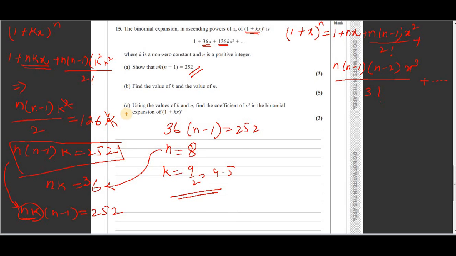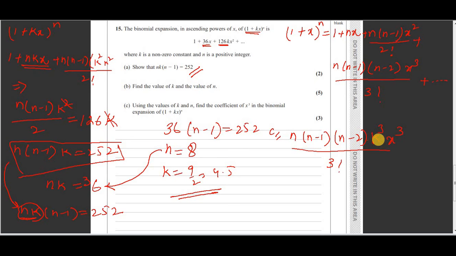Part C, using the values of k and n, find the coefficient of x cubed in the binomial expansion of (1 plus kx) to the power n. I did not write it here, but I can rewrite. The coefficient of x cubed for part C is n(n minus 1)(n minus 2) k cubed x cubed divided by 3 factorial.